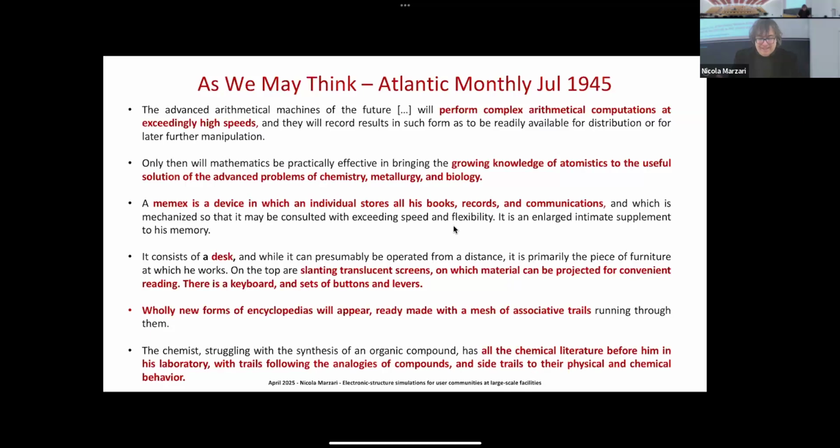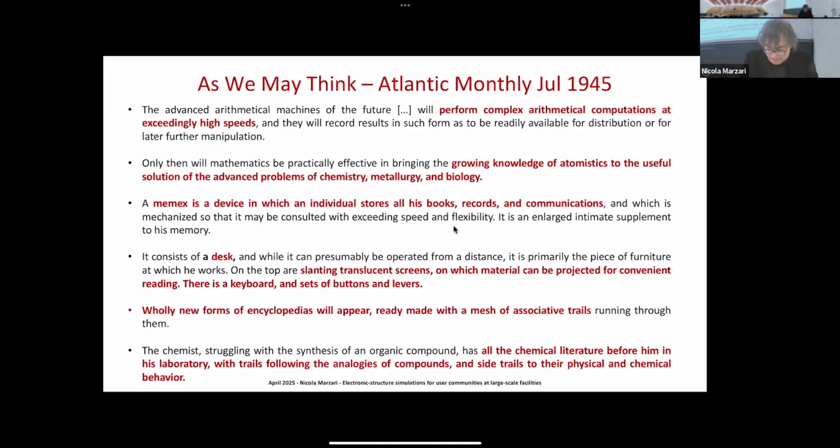And you see, it says there will be a new form of encyclopedia ready-made with a mesh of associative trails. So you can point to a word and it will send you to what that relevant word is in the encyclopedia and so on.